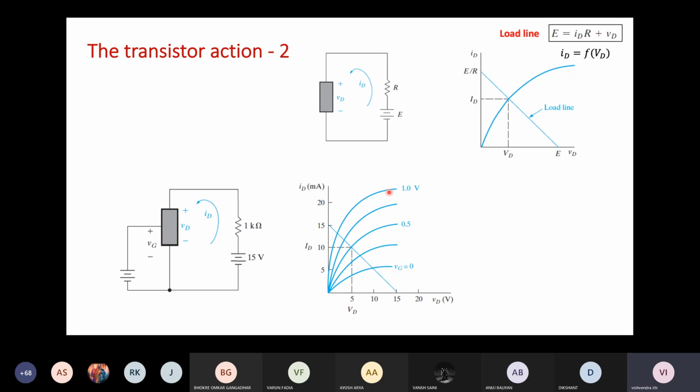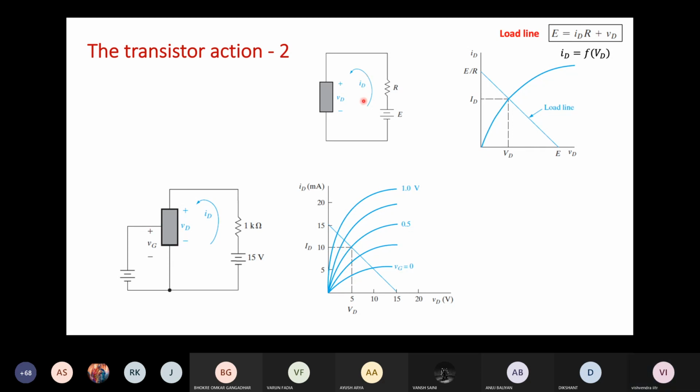Okay. So now is the interesting fact. At any gate voltage, for example, if we are considering 0.5 volts, this curve, the intersection between the load line and this plot will give us the current and voltage in the circuit.